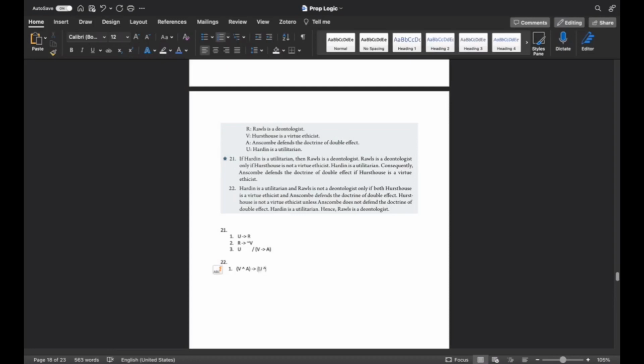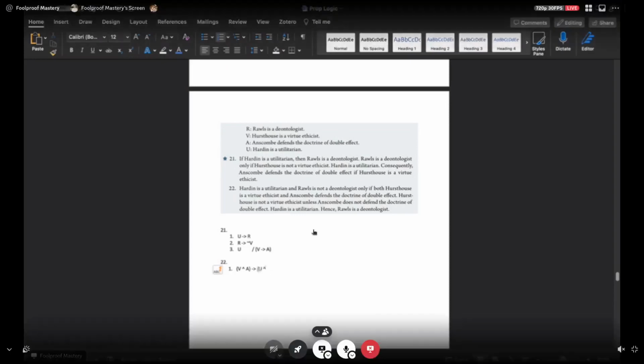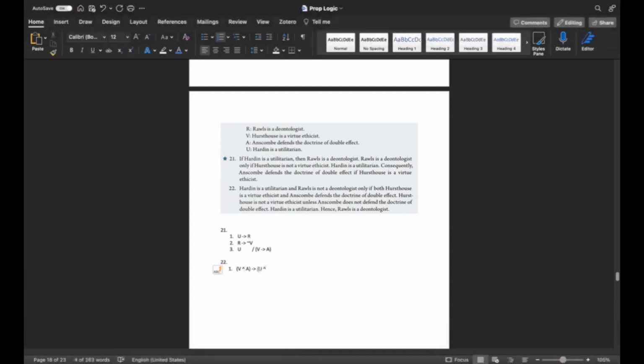Harden is a utilitarian. You inverted the conditional. So when it says only if, that's when you flip the order. Okay, so what I have here on this side needs to be on the other side. So the antecedent is actually the consequent. I need some time, I think, to just understand that.